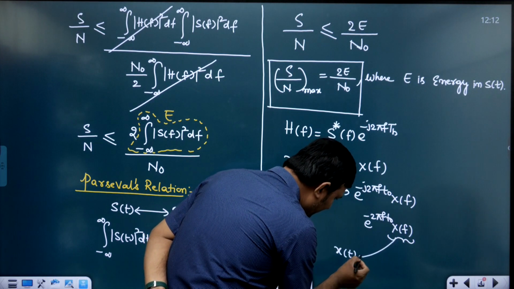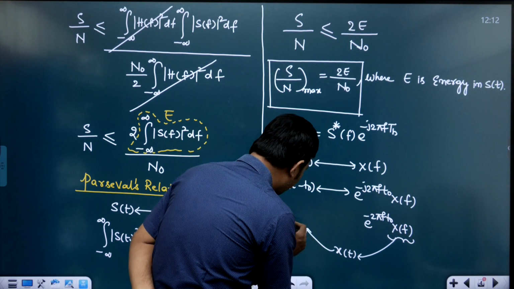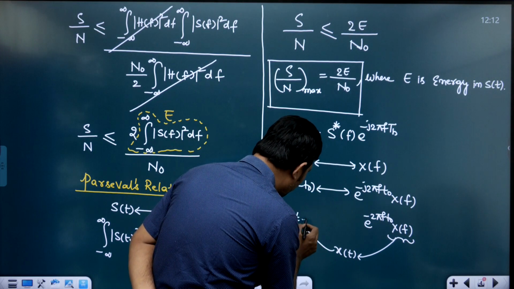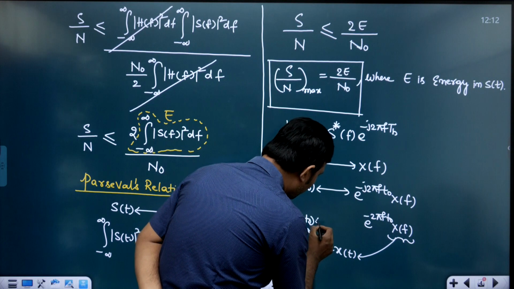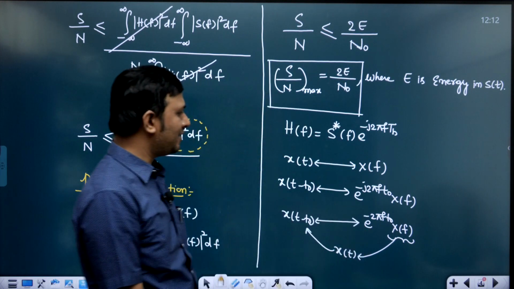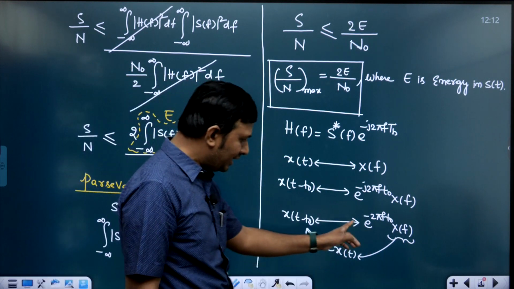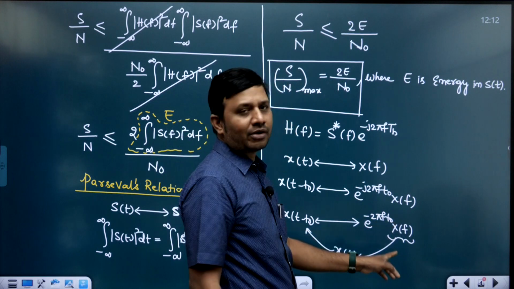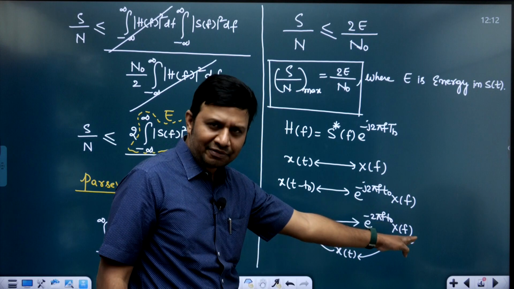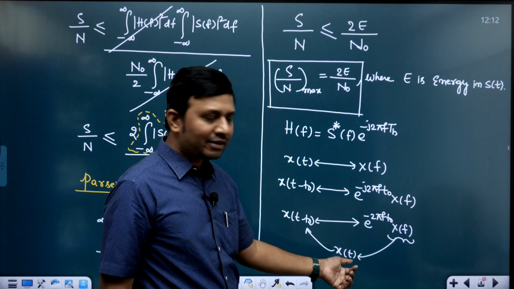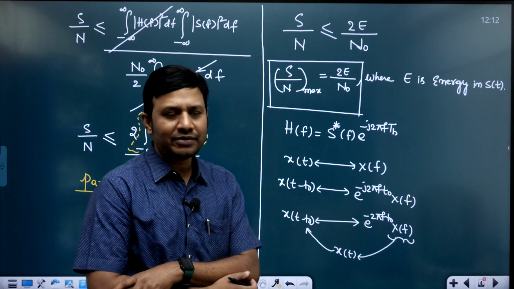In this x of t, wherever you have t, replace it with t minus t naught. Can I say that? Yes. If you want to get the inverse of e power minus j 2 pi f t naught into X of f, get the inverse of X of f, which is x of t, and in this x of t, wherever you have t, replace it with t minus t naught.